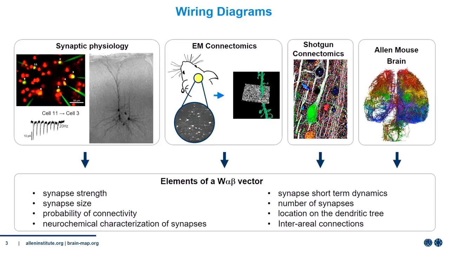A cubic millimeter is important because even though it might be the size of a sesame seed, we need to be able to have a complete dendritic arbor in order to understand an accurate representation of a microcircuit.